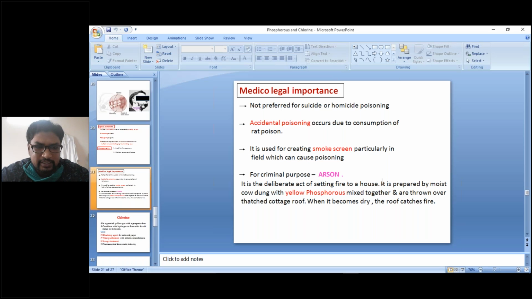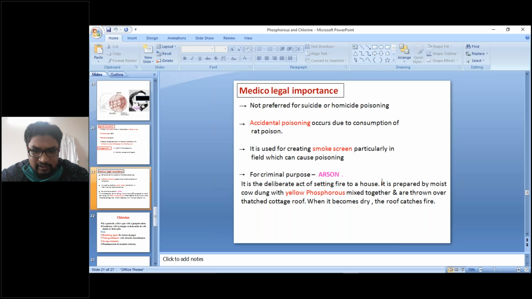Sometimes accidental poisoning can occur in children, where the rat poison balls will be there. Because of the color and yellowish nature, the children can eat those balls. So it is accidental poisoning in children, whereas suicidal poisoning in case of adults. It is used for creating smoke screens, particularly in the field, which can cause poisoning.